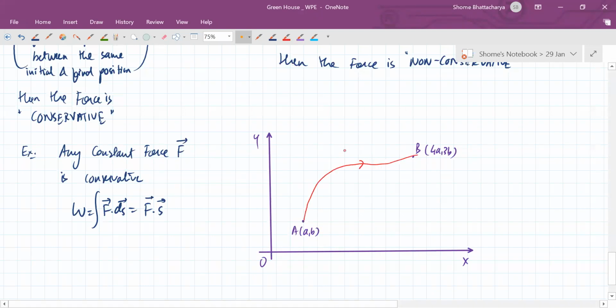and you can go by another path, let's say like this. But if you're calculating the work done by the force, let's say given by alpha I cap plus beta j cap, where alpha and beta are constants.